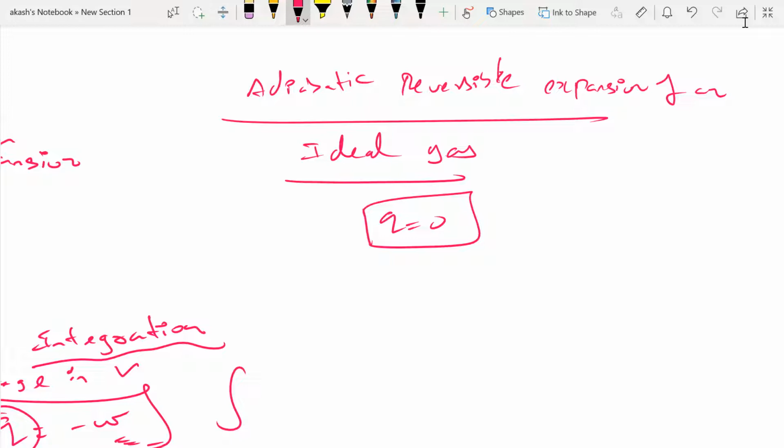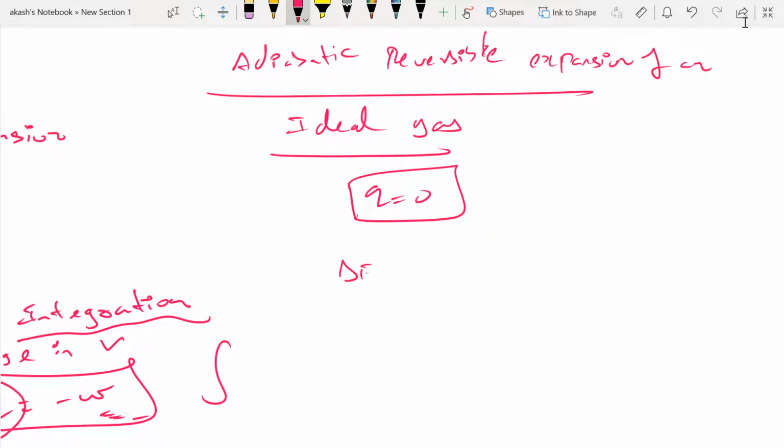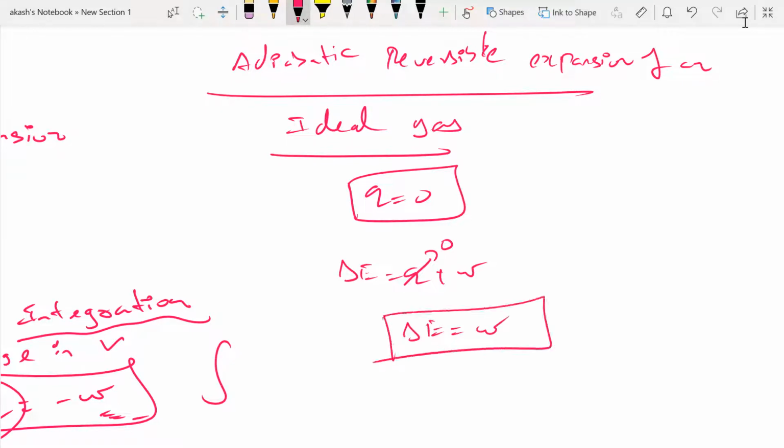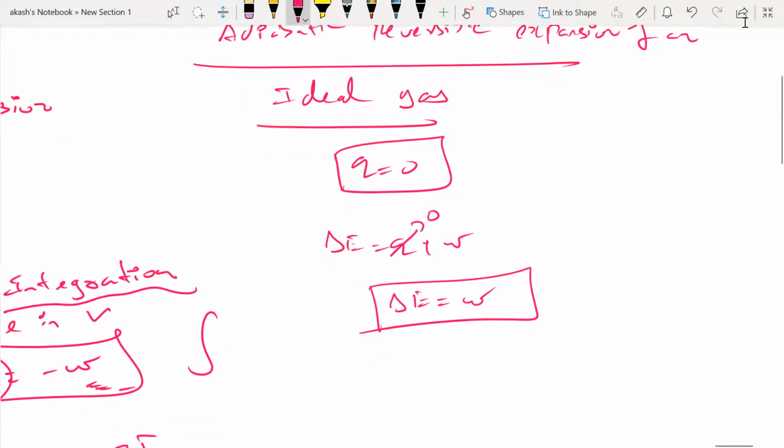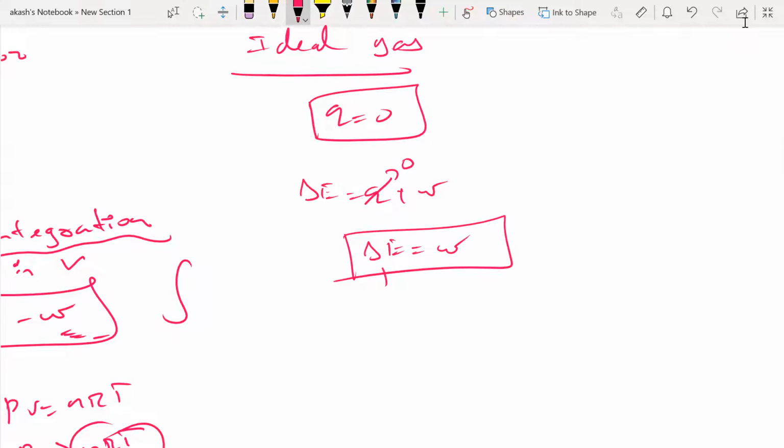All right. Now how will the first law look? I know the first law says delta E is equal to Q plus W. Now I know in an adiabatic process, Q is 0. There is no heat change. There is no heat loss. There is no heat gain. So all that we'll have is delta E is equal to W. Now I know I'll be able to write delta E as nCV delT, and W, again we're talking about reversible work done.